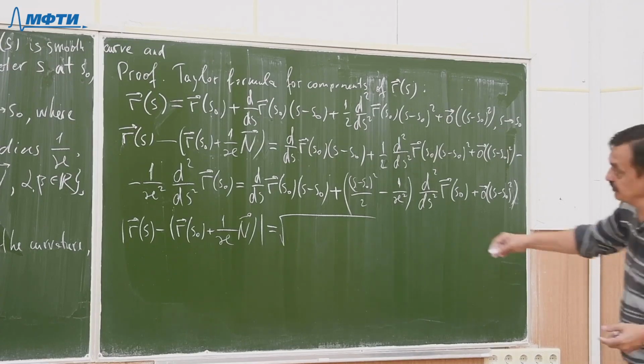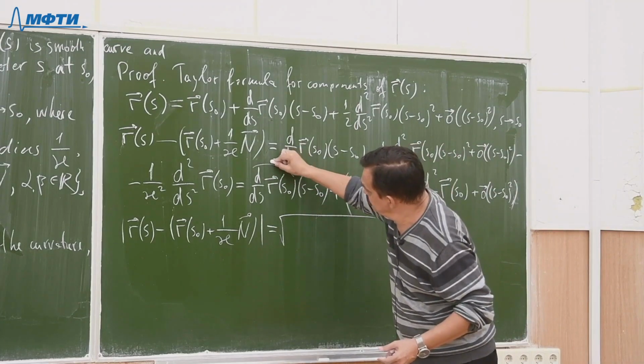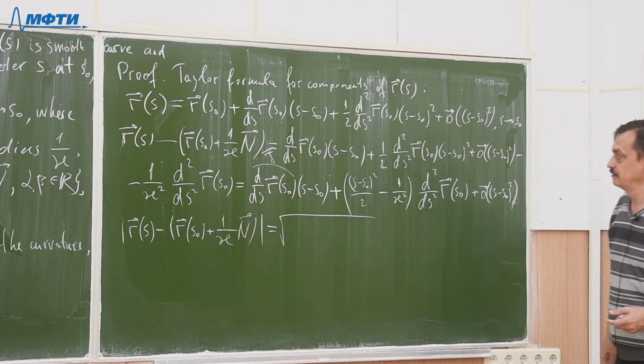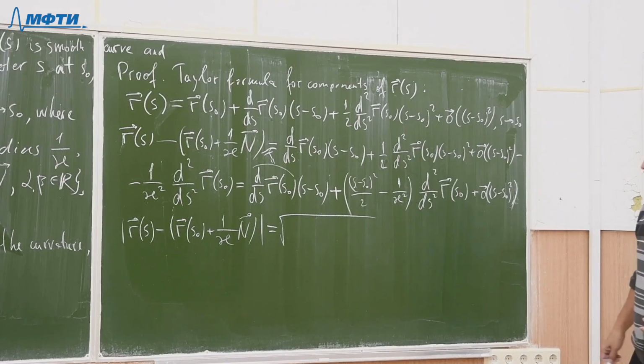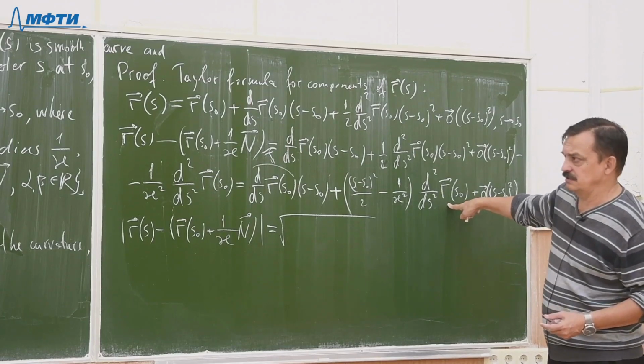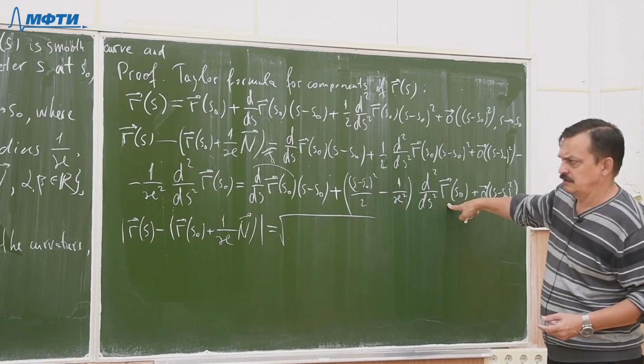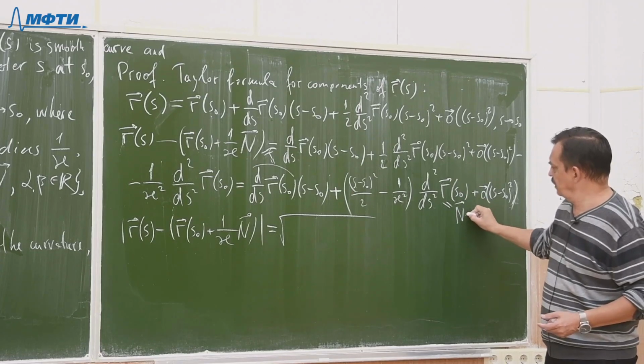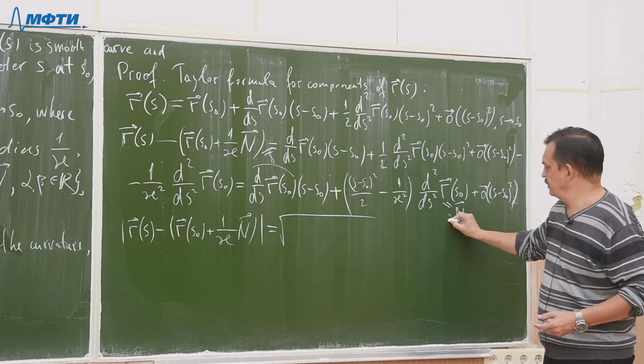Now look, what is it? That is T, right? And also that is n times kappa, right?